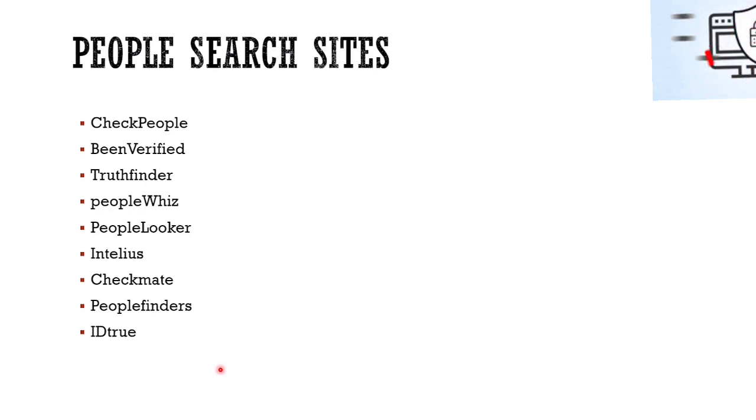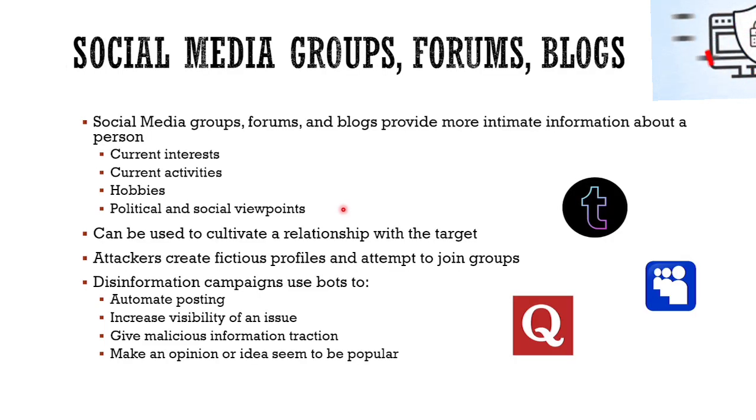And as part of the social networking sites, there are the social media groups, the forums, the blogs, where people post what they're doing constantly. They'll do it on Facebook and Twitter, and there are other places as well that are specifically forums and blogs and that sort of thing.